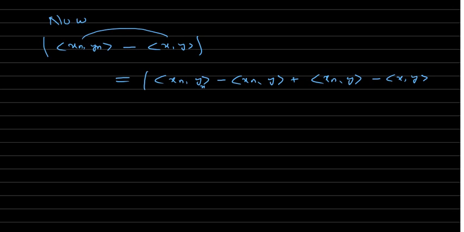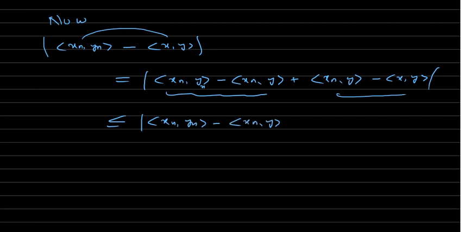Okay, this is it. So let's use the triangle inequality for these two. It's less or equal to mod of inner product of xn with yn minus inner product of xn with y plus mod of inner product of xn with y minus inner product of x with y. Okay.